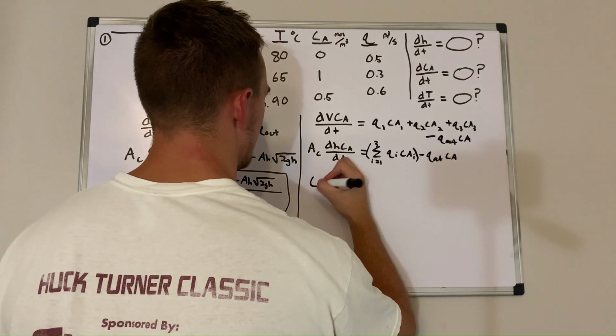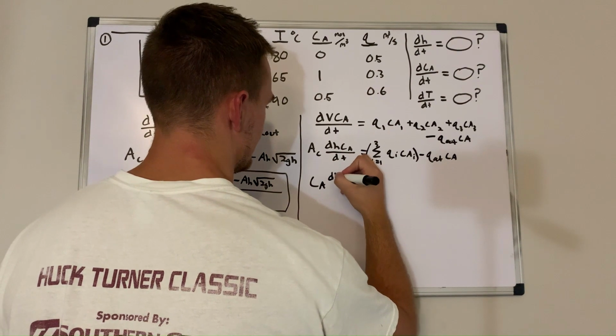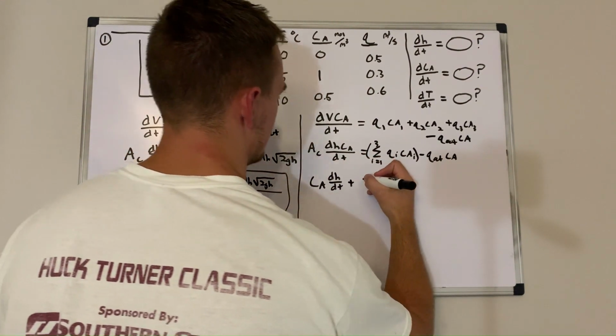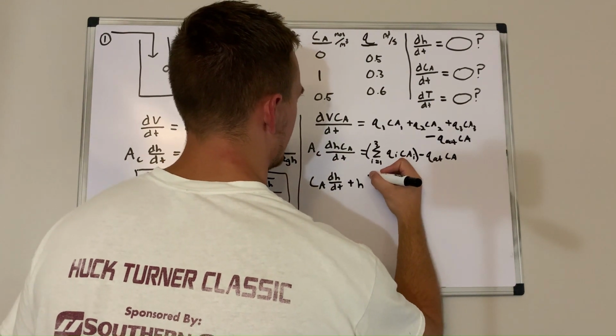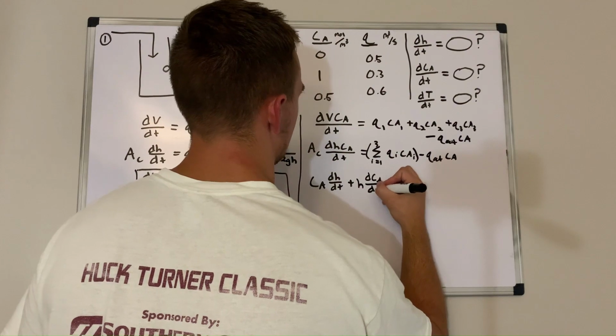We'll have Ca, doing the product rule here, Ca dH dt, right? And then plus the height times the differential change in concentration of A over dt.